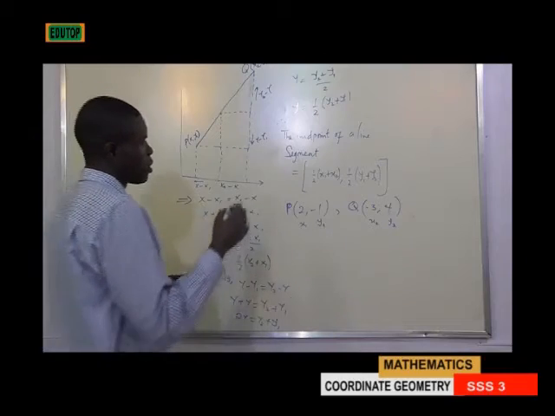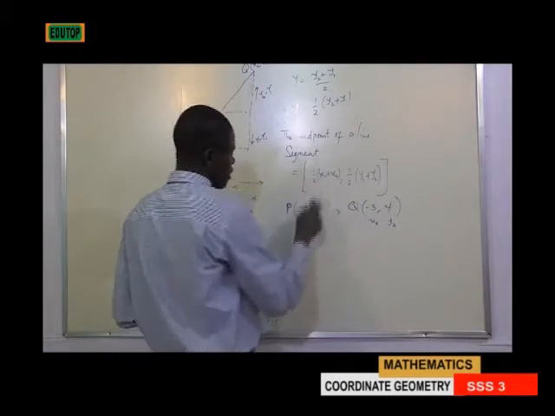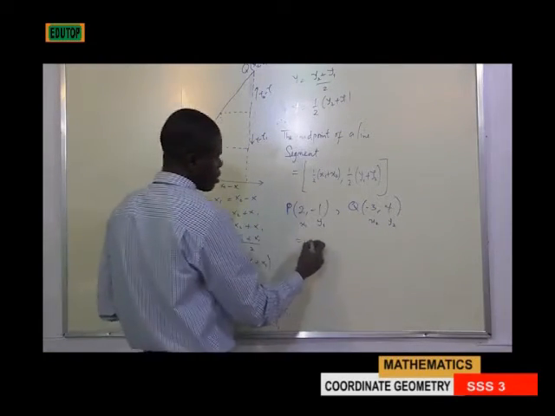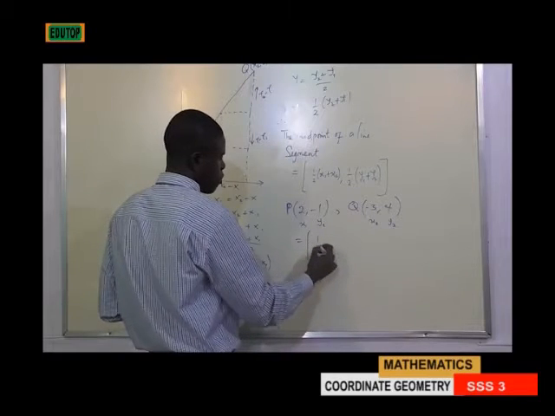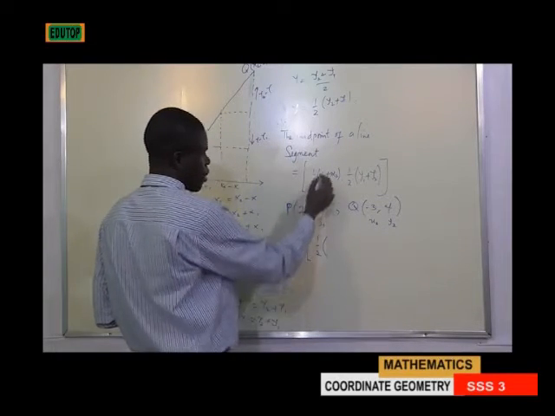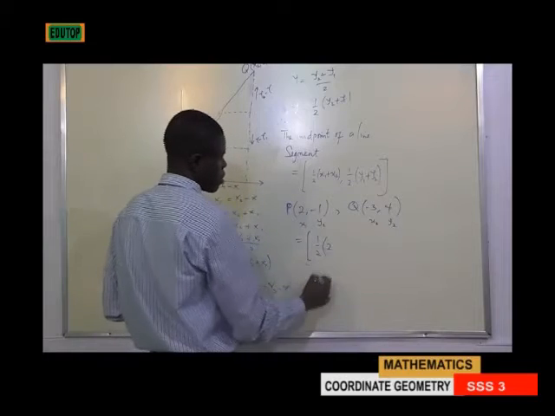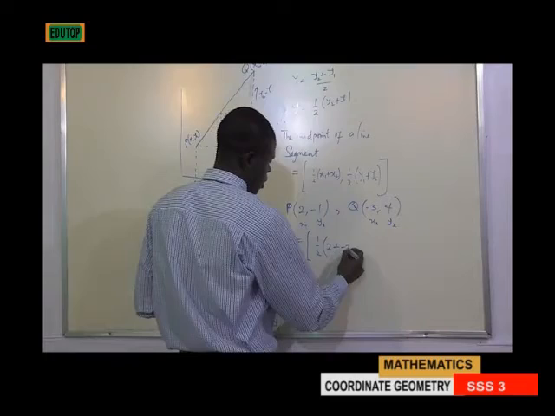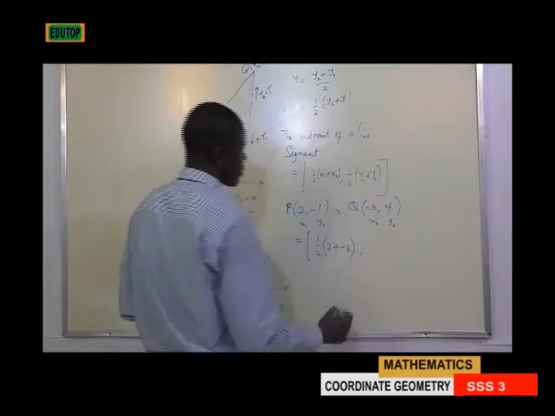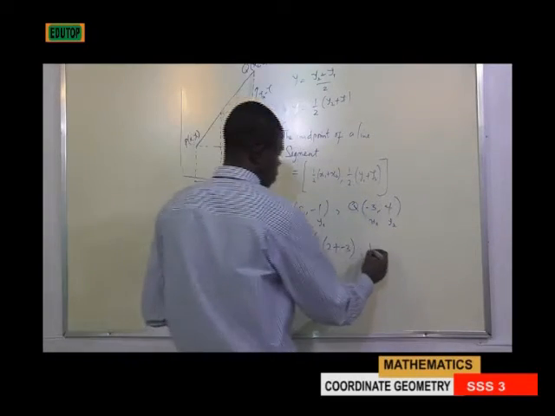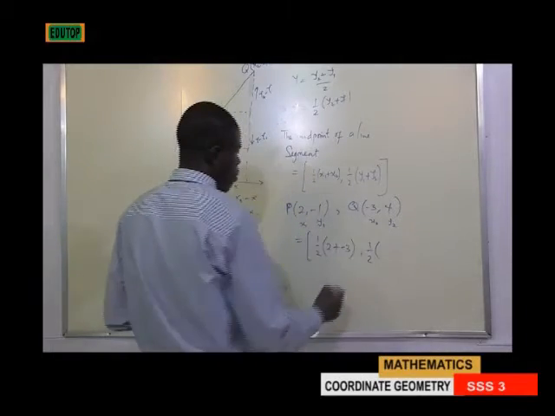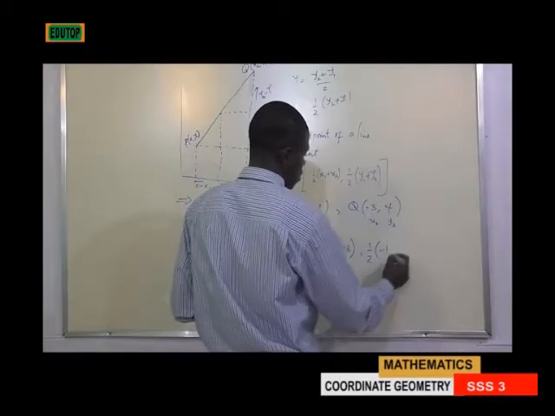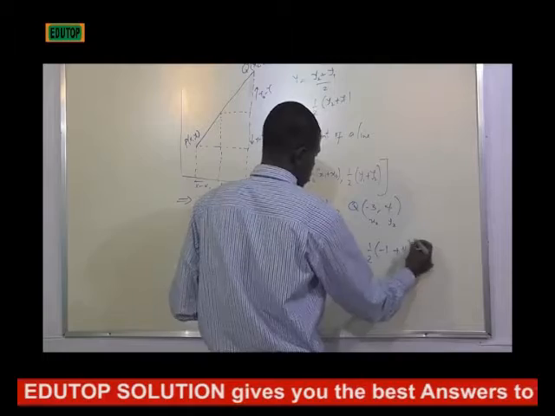So to determine the midpoint of the line segment, it will be 1 over 2 into, what is our x1? x1 is 2, plus x2. x2 is minus 3, comma. Then we'll have 1 over 2 into y1, what's our y1? Minus 1, and what's our y2? 4.